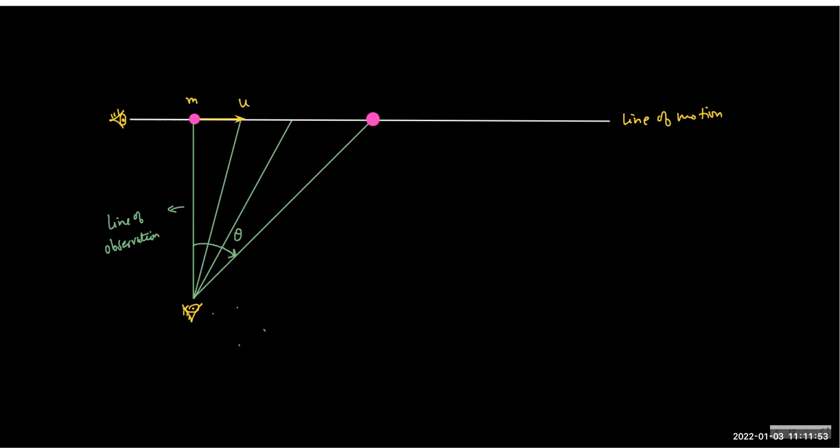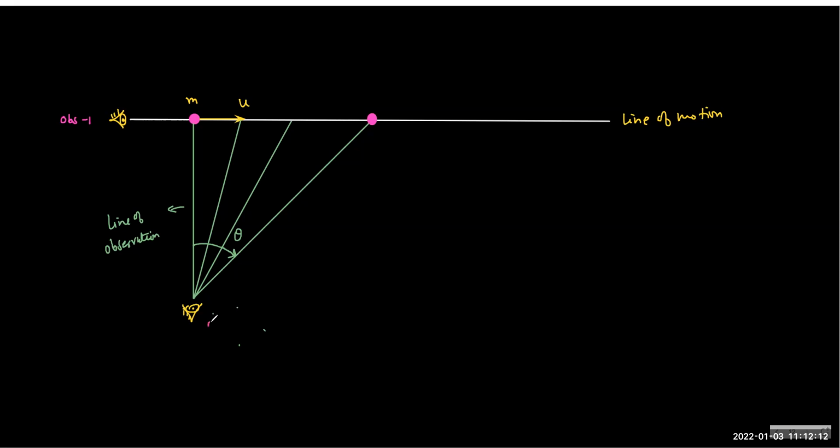So it is the same object, but from the perspective of two different observers, things are quite different. In the frame of observer 1, there is no angular effect associated.